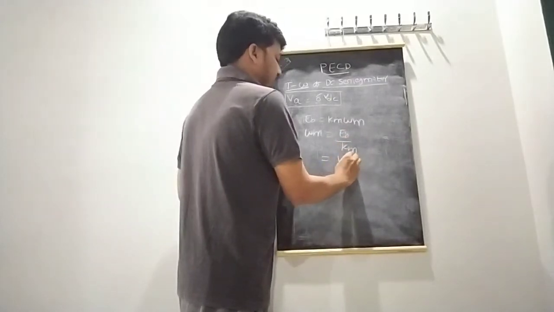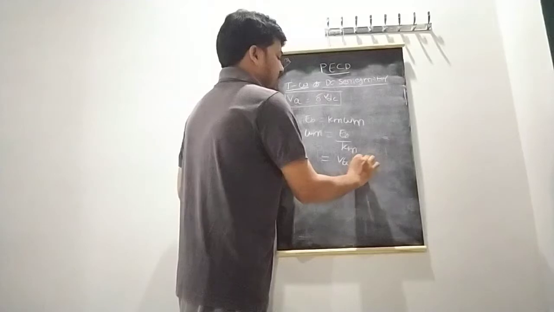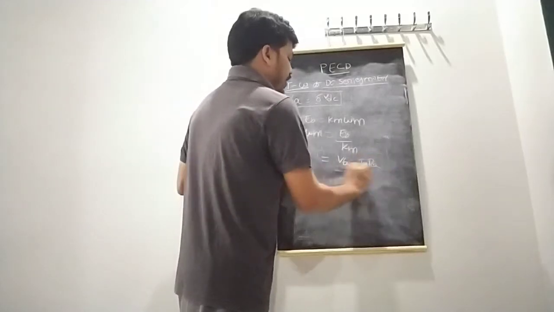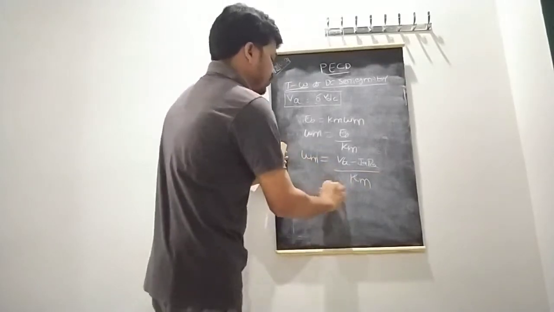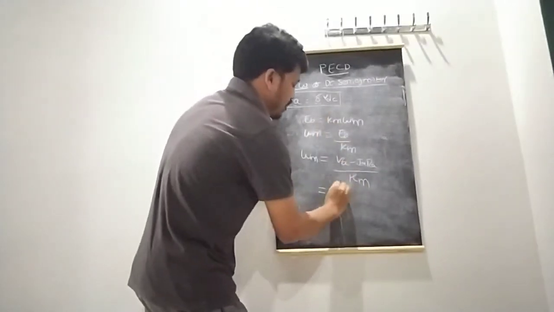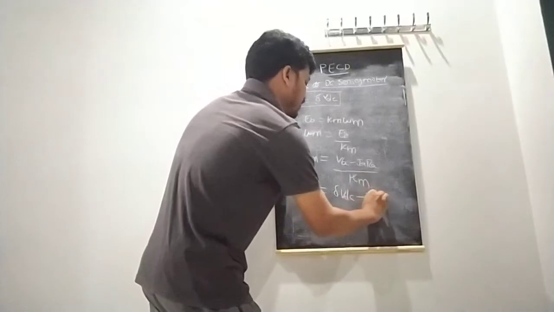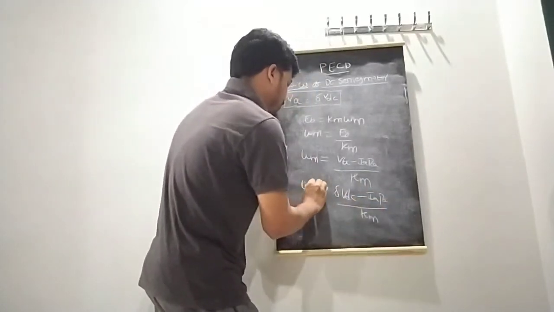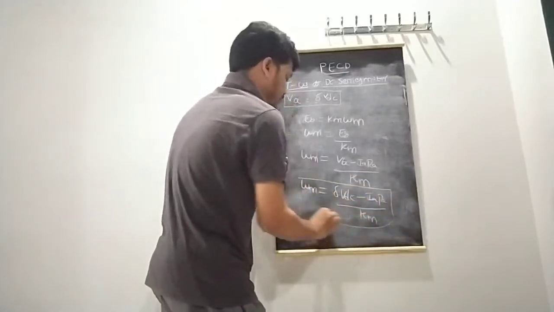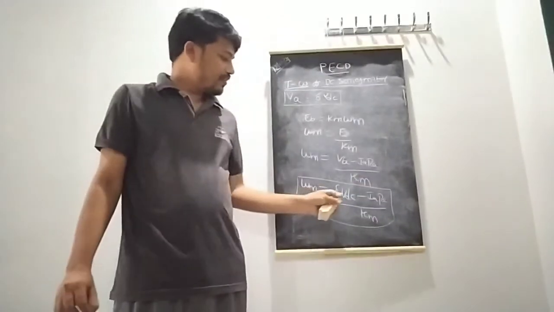VT, the terminal voltage, that is VA, minus IA RA, by Km. This is the omega. What is VA? Substitute this one: delta VDC minus IA RA by Km. This is the relation between speed versus delta.